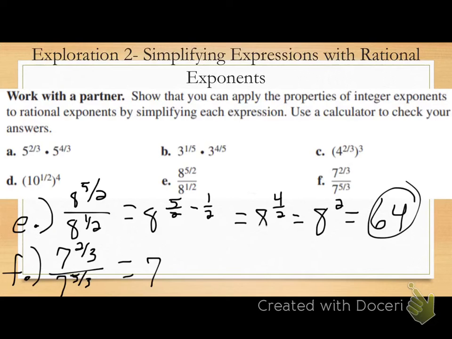So 2/3 minus 5/3. What is 2/3 minus 5/3? Negative 3/3. What is negative 3 divided by 3? Negative 1. How do I handle a negative exponent?